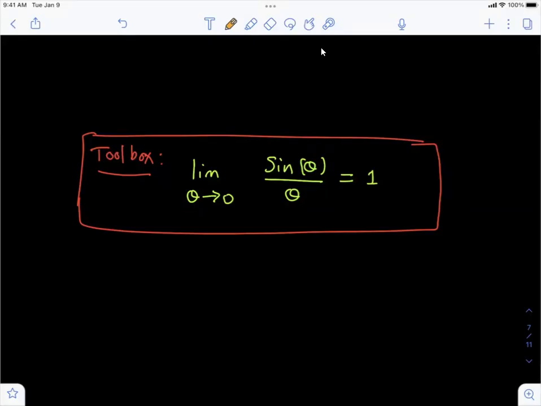The justification of this fact is also trigonometric and geometric, and we're not going to see the justification in our lesson. However, you need to understand the algebraic obstacle behind this computation. There is no way that you can bring this theta out because sine is a nonlinear function.